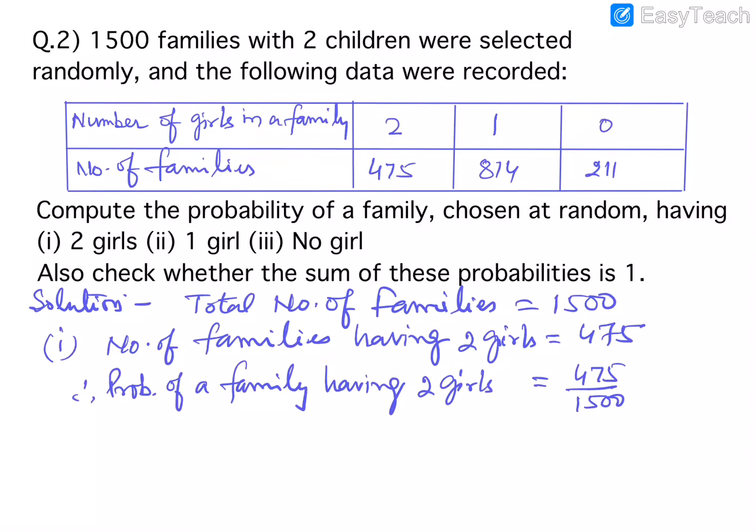Number of girls 1, and number of families having 1 girl is 814, and the number of families having no girls is 211.